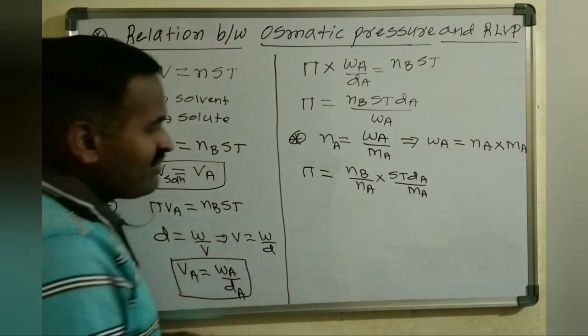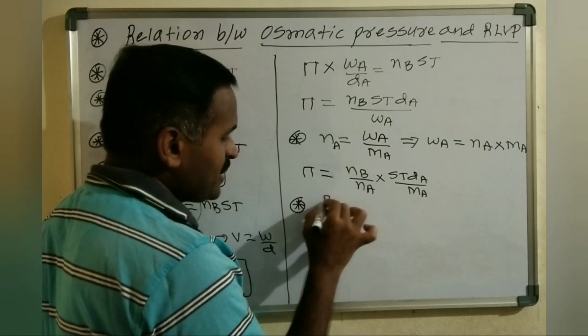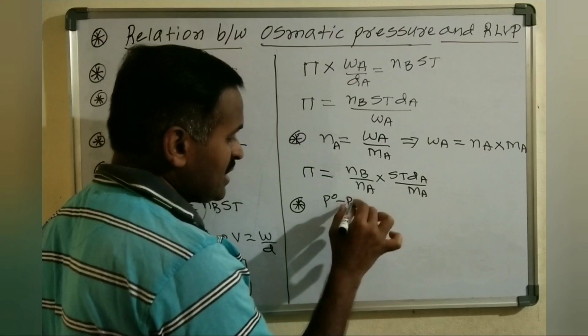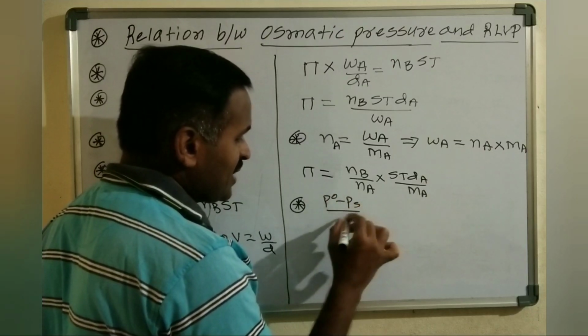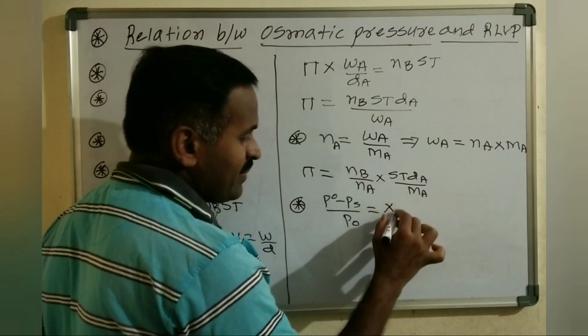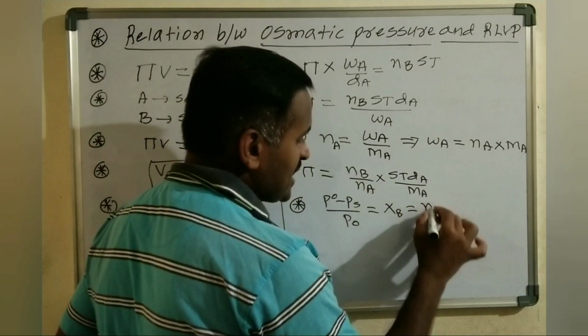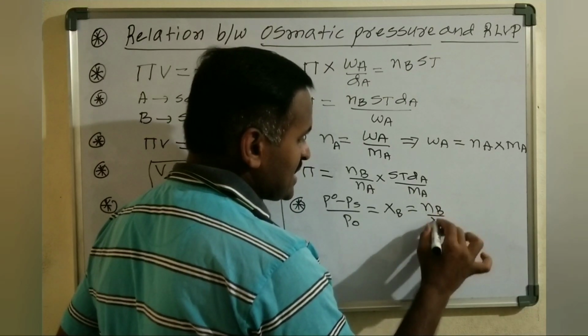As we know, according to Raoult's law, (P naught minus Ps) divided by P naught equals XB, the mole fraction of solute, which is simply Nb divided by Na.